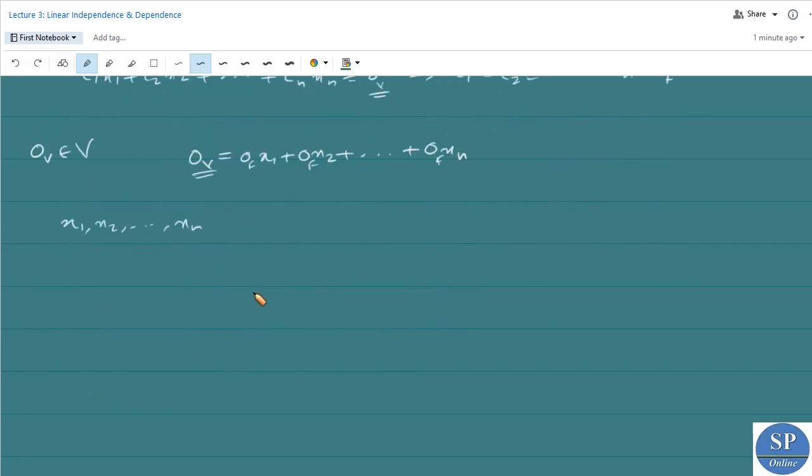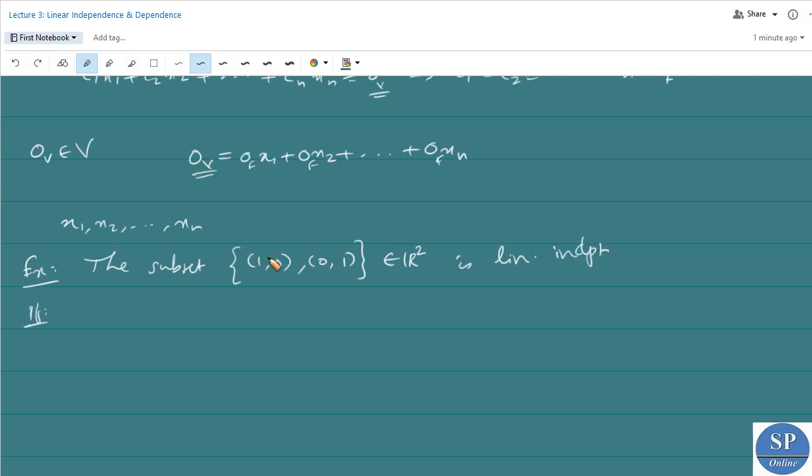For example, the subset {(1, 0), (0, 1)} of R2 is linearly independent. So here the given set consists of these two elements, and we have to show that this set is linearly independent.